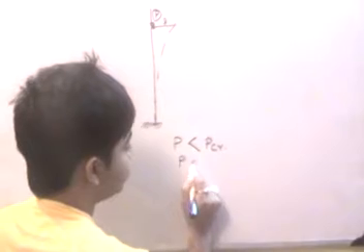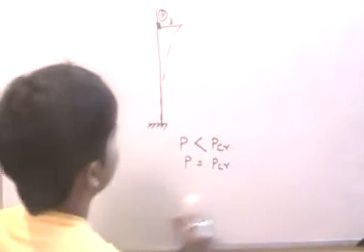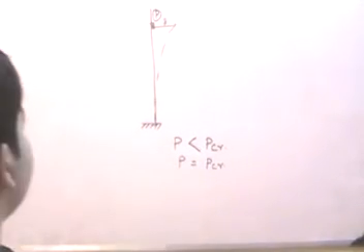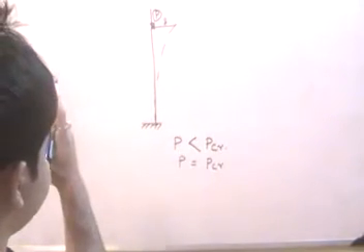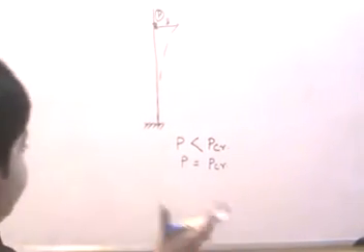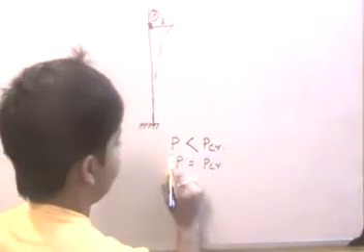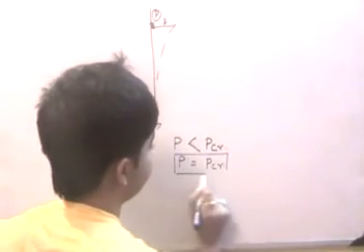At P equal to PCR, there will be some kind of neutral stable equilibrium, in the fact that when I take off the load, the column will not retract to the original position, nor will it bend indefinitely. So this is the point wherein we have the neutral stable equilibrium.